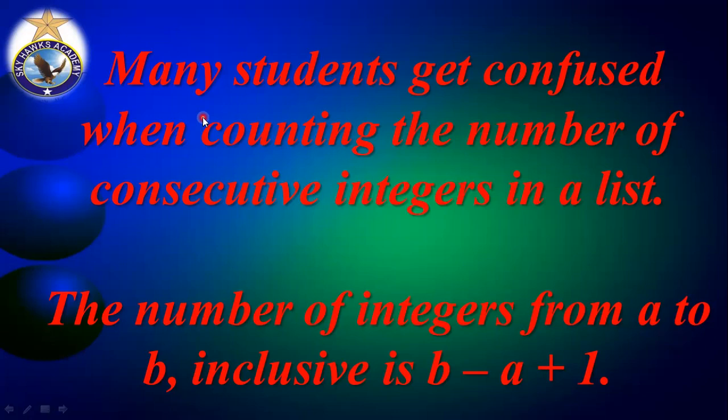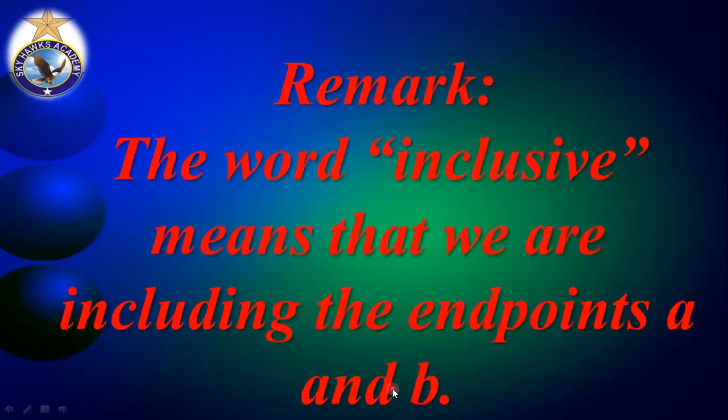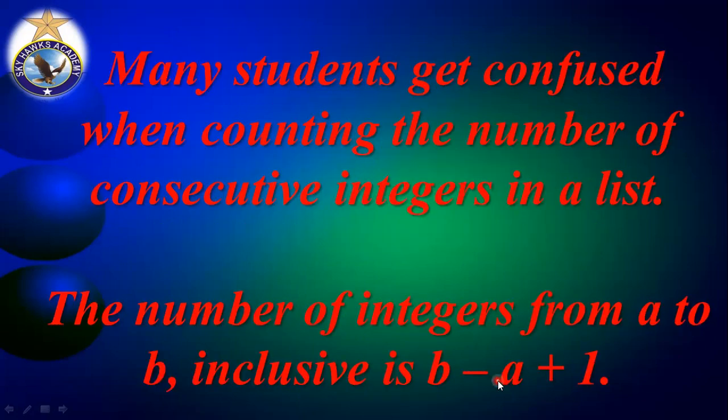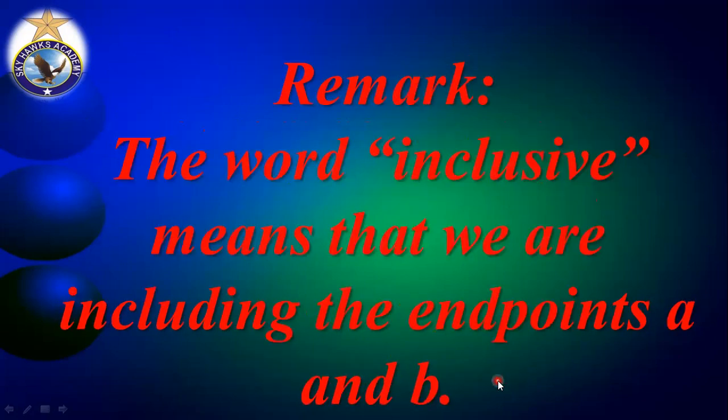The formula is that the number of integers from A to B, where A is a number and B is a number, inclusive is B minus A plus 1. The word inclusive means that we are including the endpoints A and B. Are you getting this? Inclusive means a closed interval.